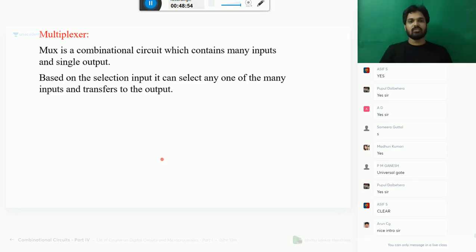MUX is a combinational circuit which contains many inputs and a single output. You have so many inputs, but only one output. Based on the selection input, it will select any one of the many inputs and transfer it to the output. Let me draw its figure, technically how it looks.